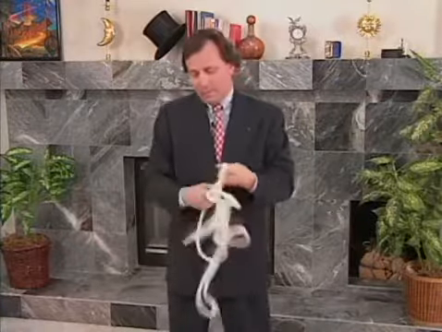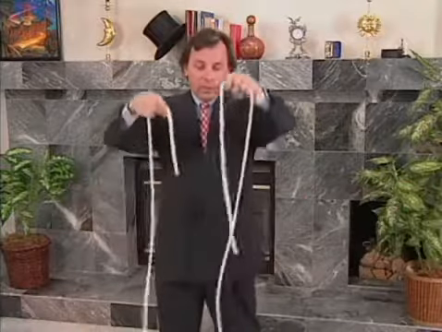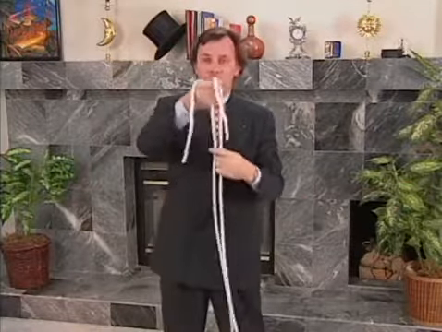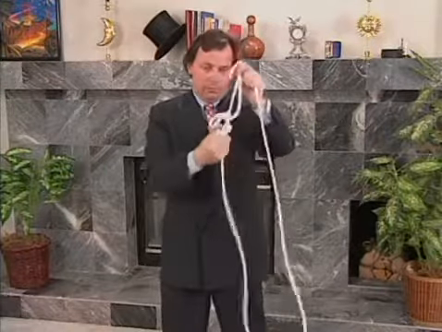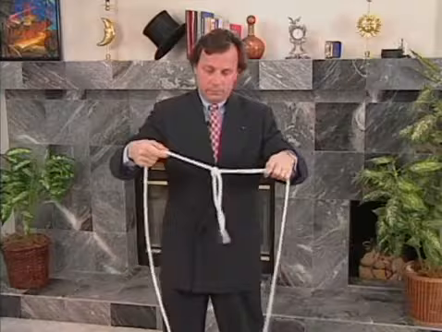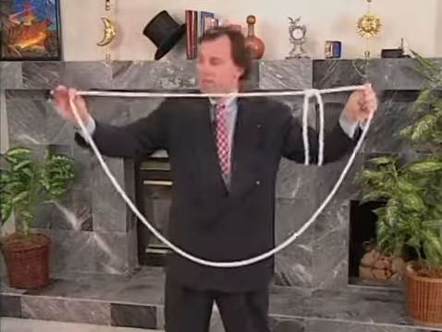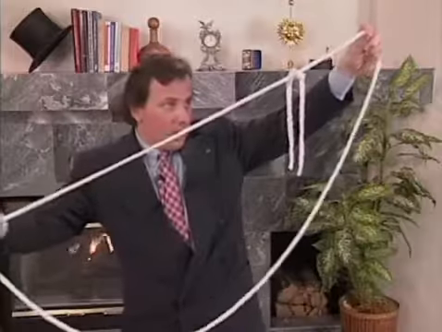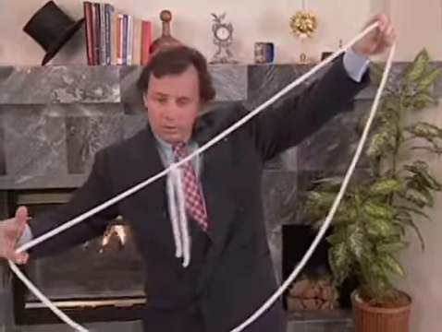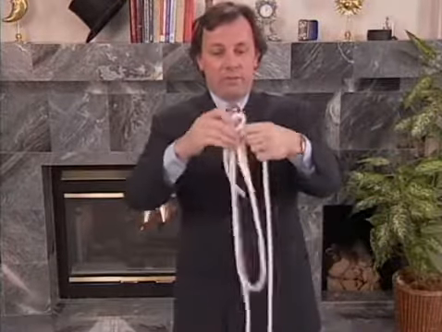Now something else much easier to understand. If I knot these two ends together, like this, it's impossible to put the two ends here. But look, and now the two ends travel from here to there.